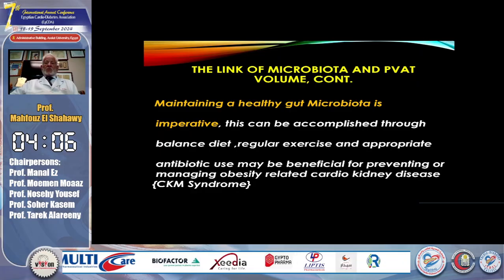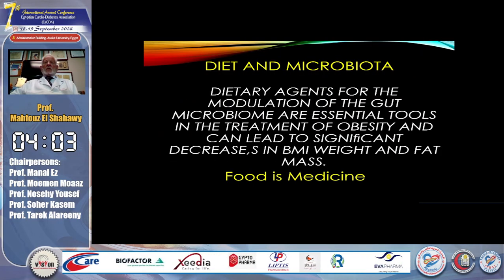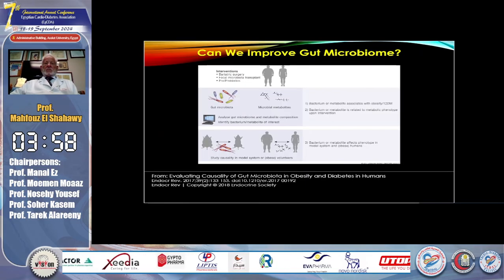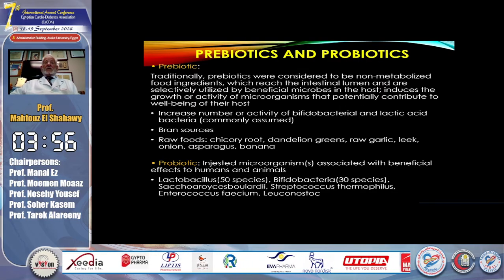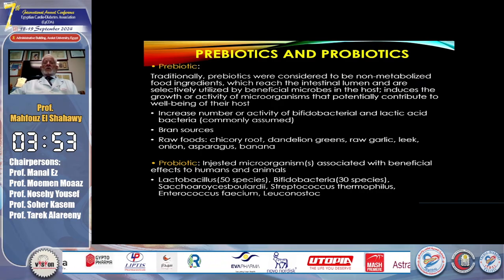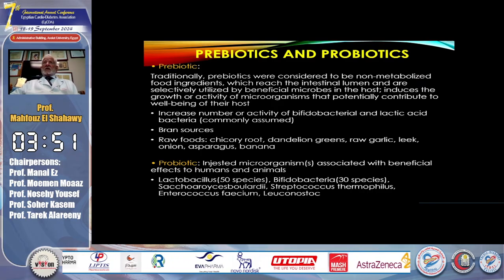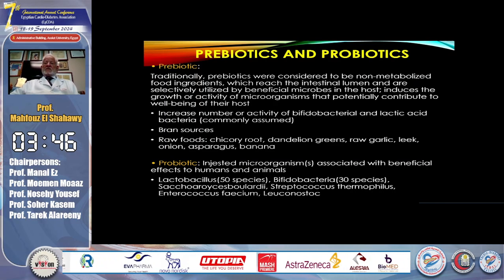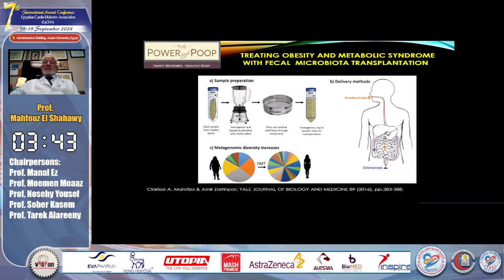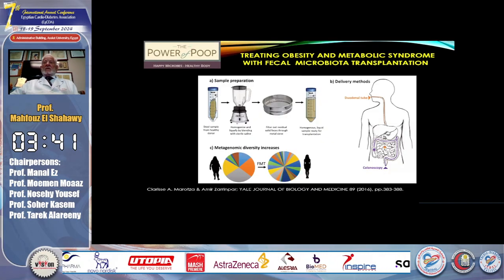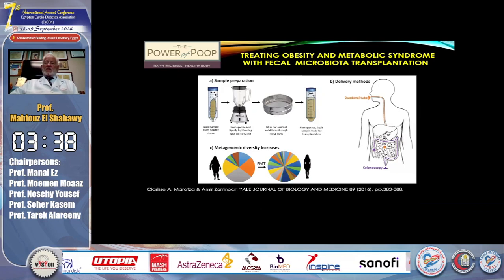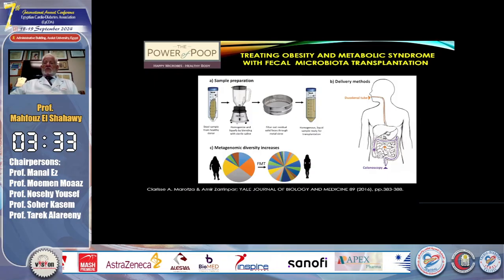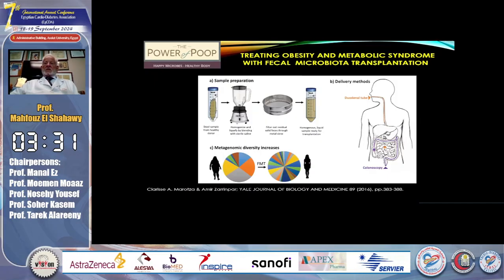So keep tuned. In the future, we will say much more about diet and microbiota and various medications which some people have been taking now, like prebiotics for improving gut microbiota. Also, interestingly enough, the probiotic, that is fecal transplantation, as you see in the picture, from a healthy person to a sick person to improve their microbiota and their gut.